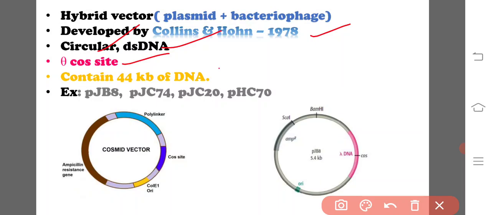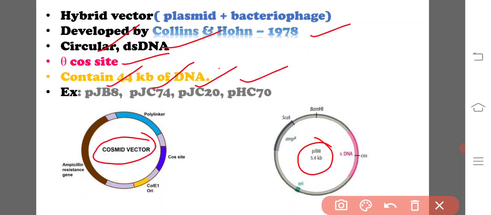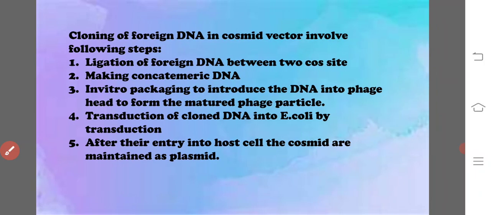The best examples are pJB8, pJC74, pJC70 and pHC79. So this is pJB8 and this is a typical cosmid vector. So a cosmid vector is a hybrid vector which is formed by the fusion of both plasmid and bacteriophage.